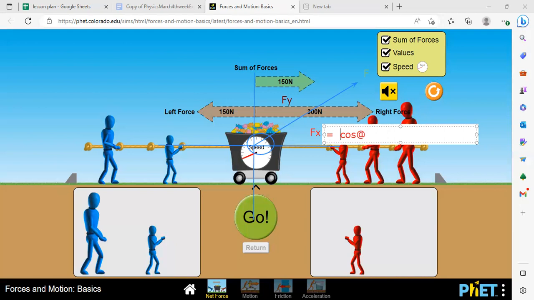Let me write it here, so the x isn't mistaken for a times sign. Basically, your force here is just F times the cosine of the angle.